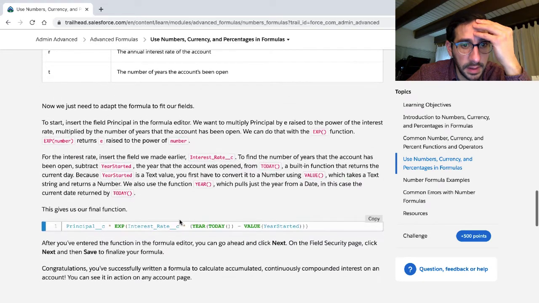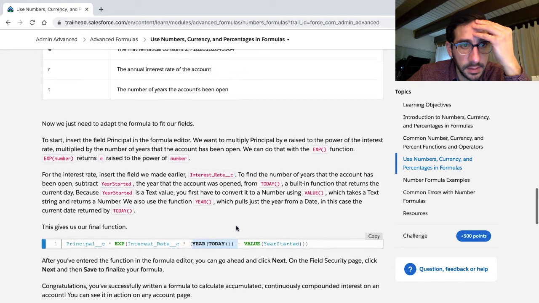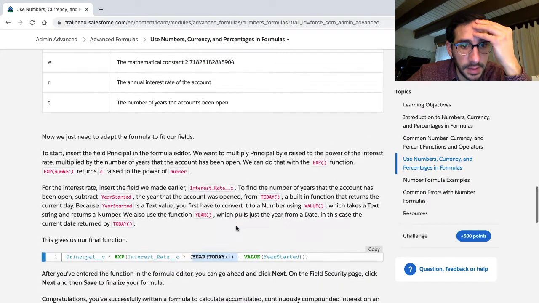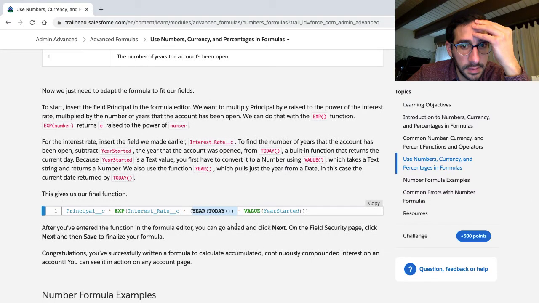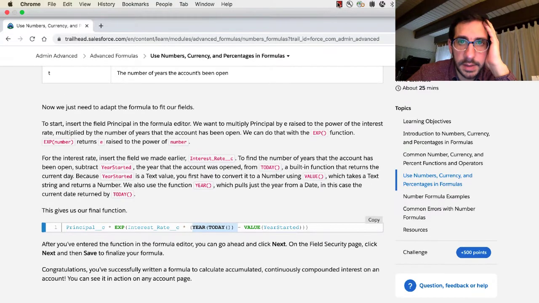So I'm going to take year today, the annual interest rate. Pausing.